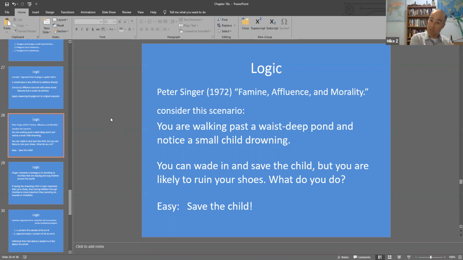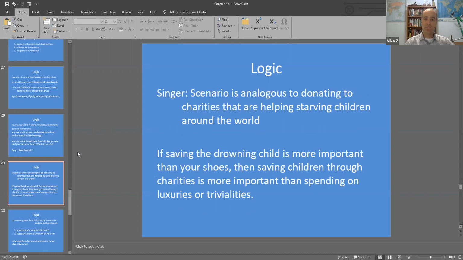Now, once we've come to a conclusion about that, by saying the child's life is more valuable than my $200 shoes, then comes the real conclusion, which is that Peter Singer says that the shallow pond scenario is analogous to donating to reliable charities that are saving the lives of starving children around the world. So should you donate, let's say, about $200 to UNICEF or Oxfam or one of these other really high quality charities that really are saving children's lives around the world, children who otherwise would starve to death, or are lacking some basic medical supplies or something along those lines?